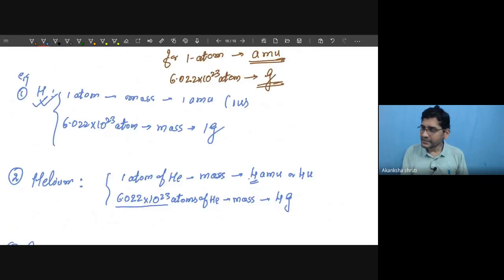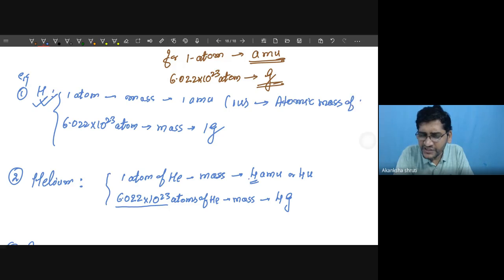Therefore, this mass of one atom is called atomic mass. So this is your atomic mass of which element? Hydrogen, student.